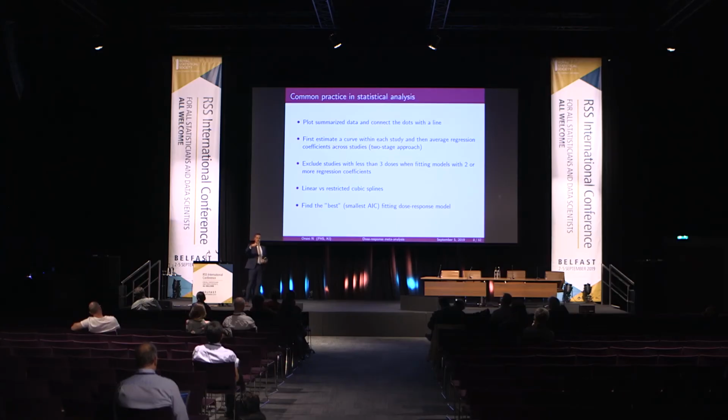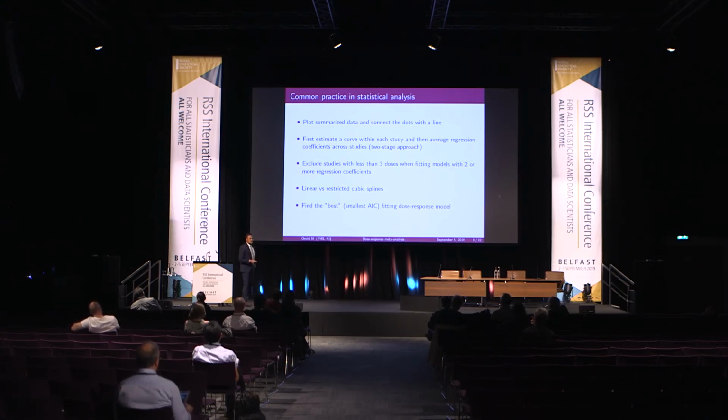Of course, if you want to fit a more complicated dose-response model, you need at least a couple of regression coefficients. So it means that to fit those more complicated models, all the studies reporting just 2 doses, you have to get rid of them. So you want to combine all the available evidence on a certain topic, but because you want to get the shape right, you're throwing away a lot of studies, which is not nice.